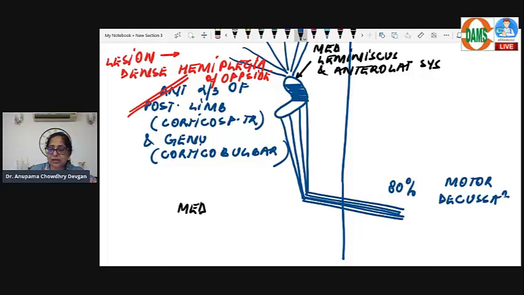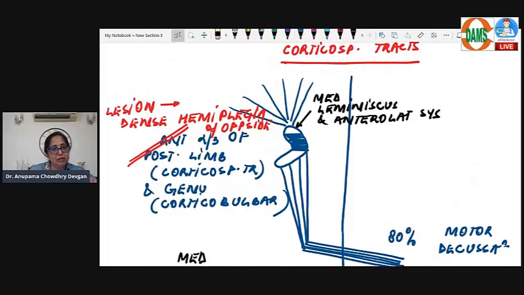What is confusing? I'll repeat this once again. Fibers from these different areas, area 4, area 6, area 3, 1 and 2, pass through the internal capsule and they occupy the anterior two-thirds of the posterior limb and the genu. Corticospinal tract is in the anterior two-thirds of the posterior limb, and genu has got corticobulbar.